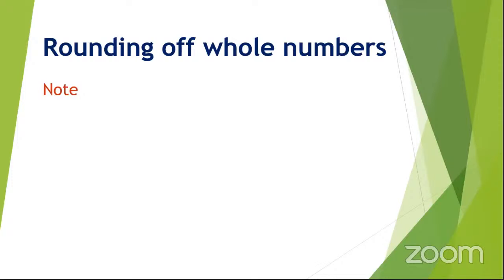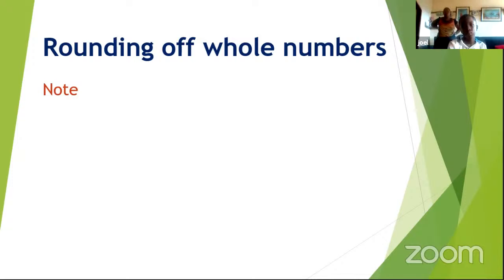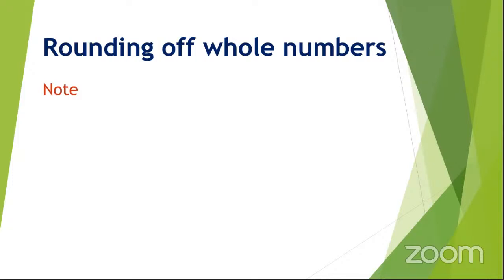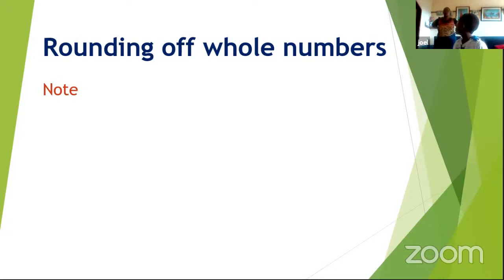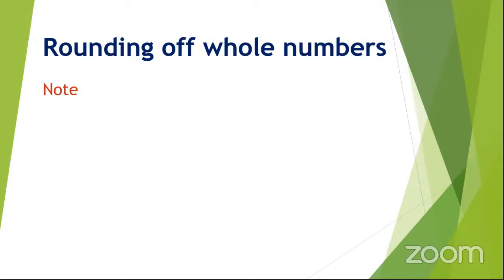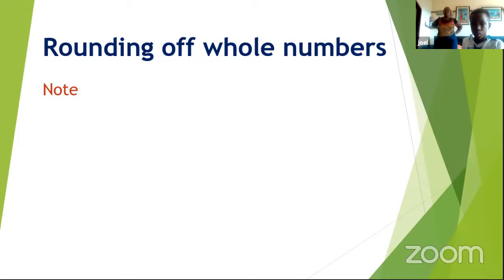One thing, why do we round off? We round off to make these numbers easier for use, yes? Because at times when you have a number like 1,122,222, it becomes a little bit harder for you to use. But we round off so that we can make this number easy for us to use.